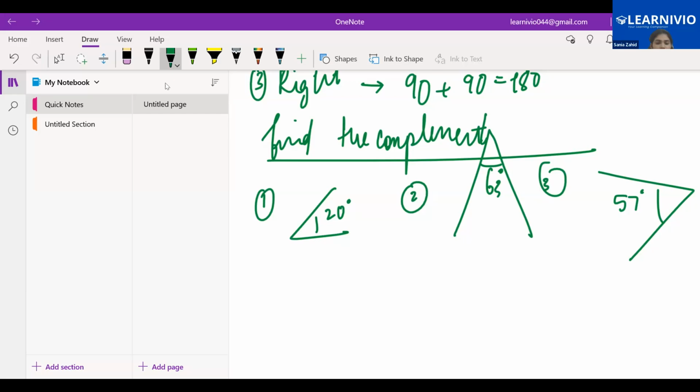Ma'am, second one is 63, right? Do you get your answers? Is the second one the 60?